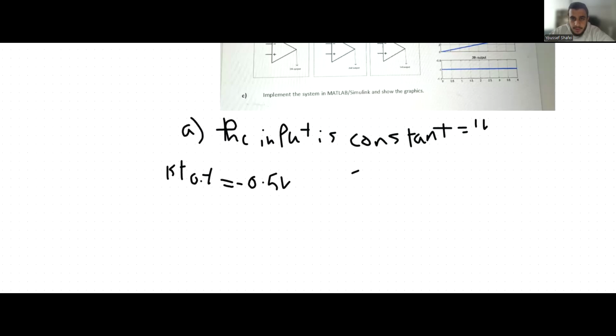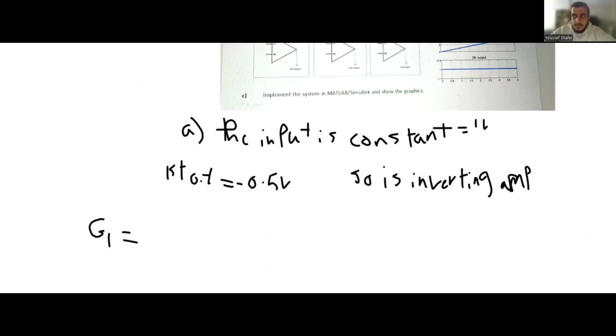So it is an inverting amplifier. So the G1 will equal negative RF over R1, which will be negative 0.5 volt.